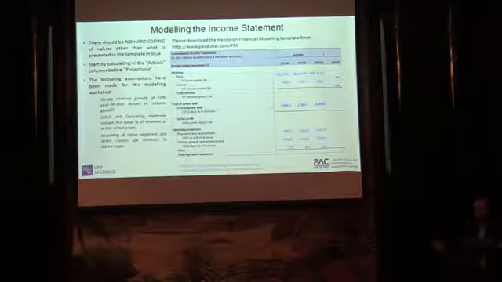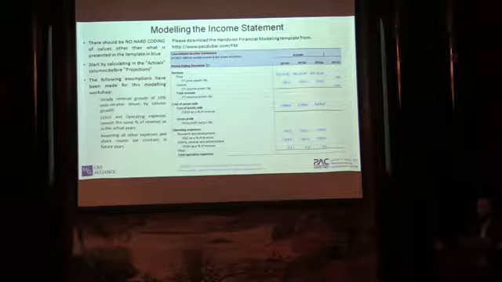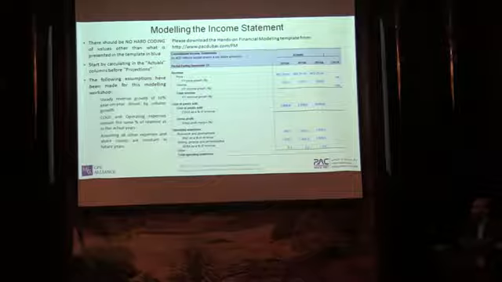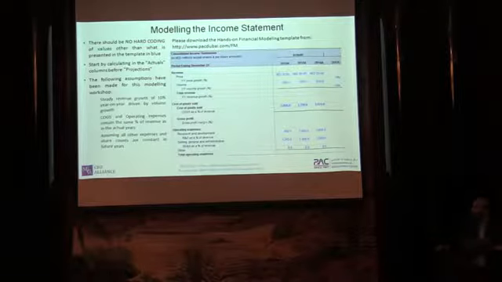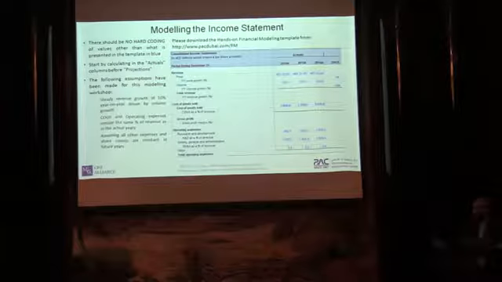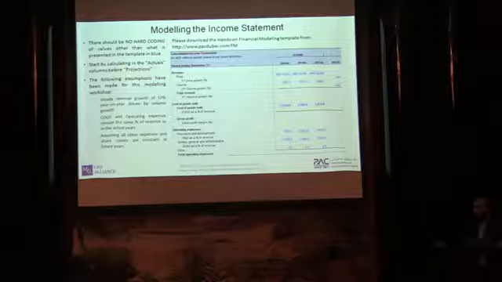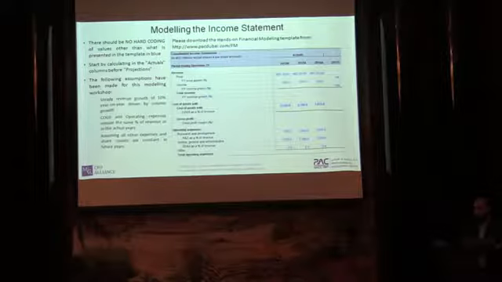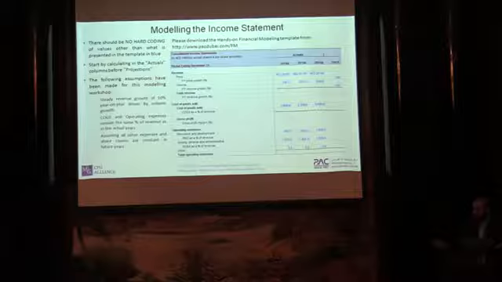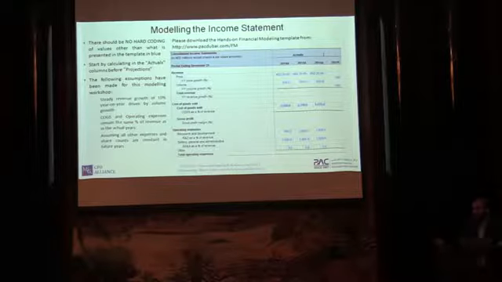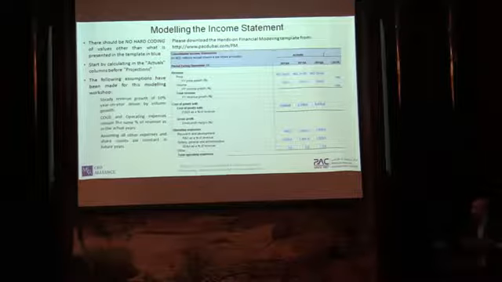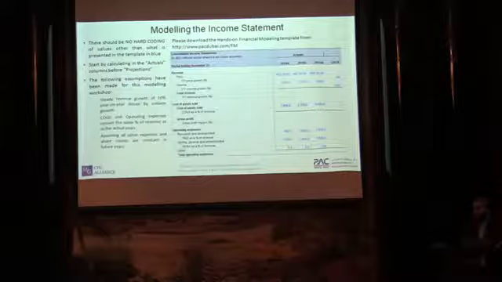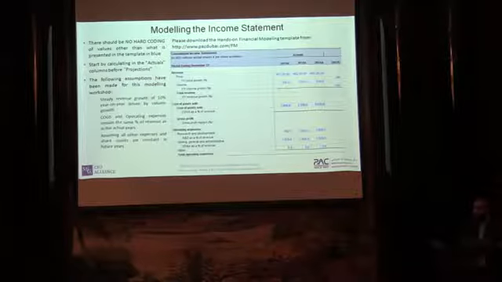Then the next thing, the following assumptions that we are going to make when we start modeling. The first assumption is going to be steady revenue growth of 10%. All right, so modeling is all about making assumptions. When you're building your financial model, you have to make certain assumptions in some places. Now, the problem with modeling is no model is foolproof.